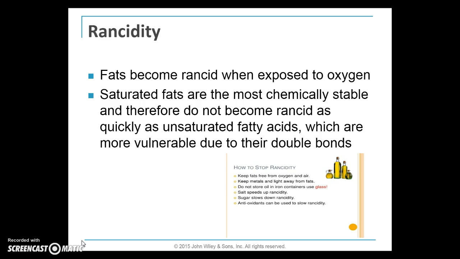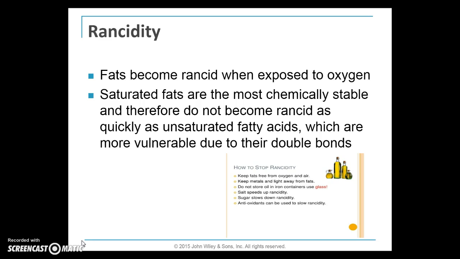That's because it's a saturated fat. It doesn't go rancid as quickly, but unsaturated fatty acids are more vulnerable due to their double bonds. So you'll see that olive oils are in glass containers or dark colored containers. They suggest that you keep your liquid oils in glass, not in iron containers, because iron can make them rancid.